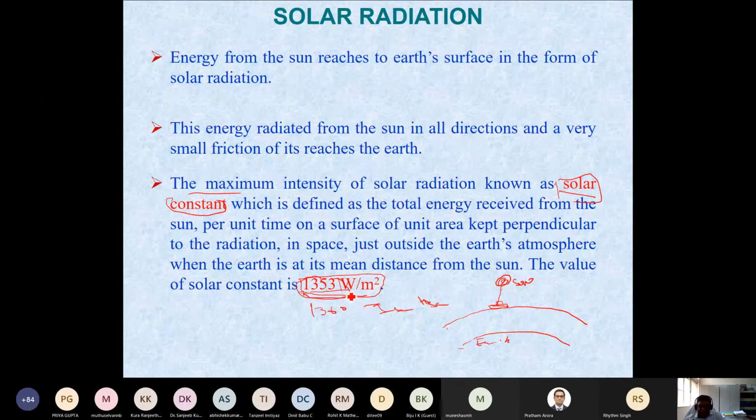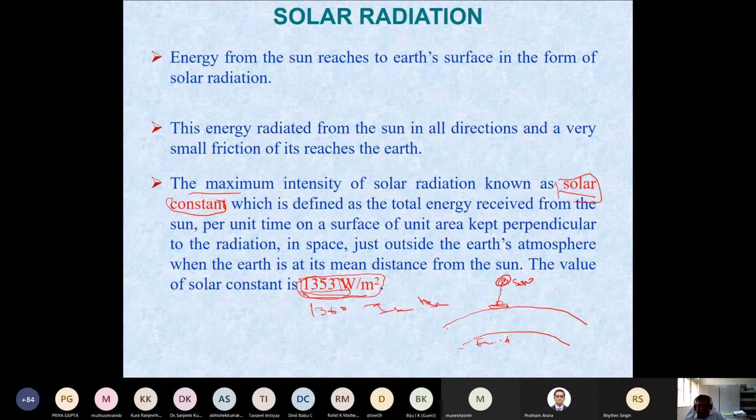Why I'm discussing this is that when doing modeling and simulation, or some analytical work without considering the practical or actual setup, you have to assume the range of the solar radiation or the range of the parameters.